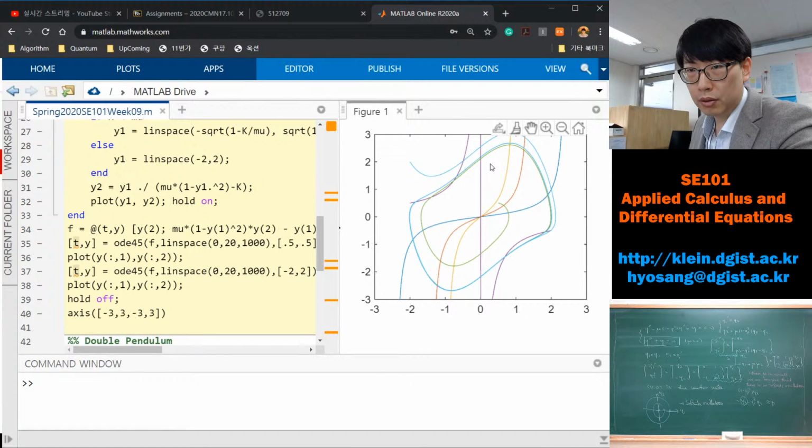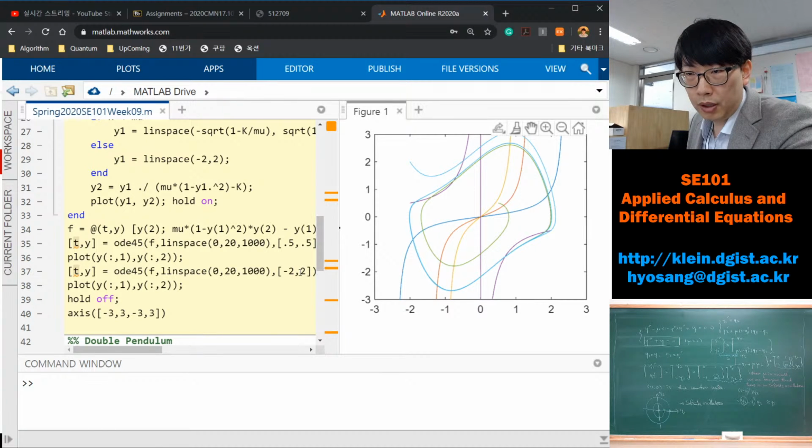It's not a circle now because mu is not equal to 0. So if mu is away from 0 and larger, then the stable curve will deviate from the shape of the circle. When the initial value is comparatively small, 0.5, 0.5, then it will gain energy and converge to this solution curve.